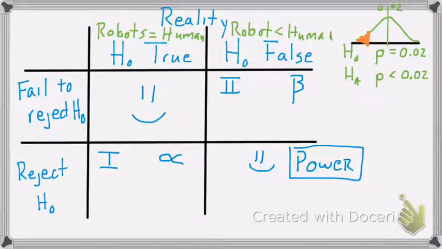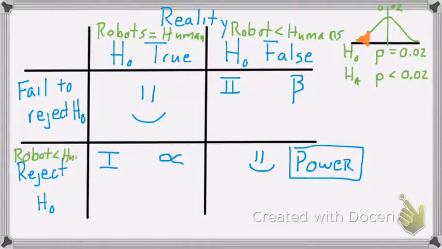Now, you could, instead of comparing robots to humans, compare it to 0.02, but to get the full context of the problem, it's important to realize what they are actually trying to test. The significance is not whether it's less than 2%, but whether it's less than the human error rate, which just so happens to be 2%. Now, that means if you reject your null hypothesis, you're going to believe that the robots are less than the humans.